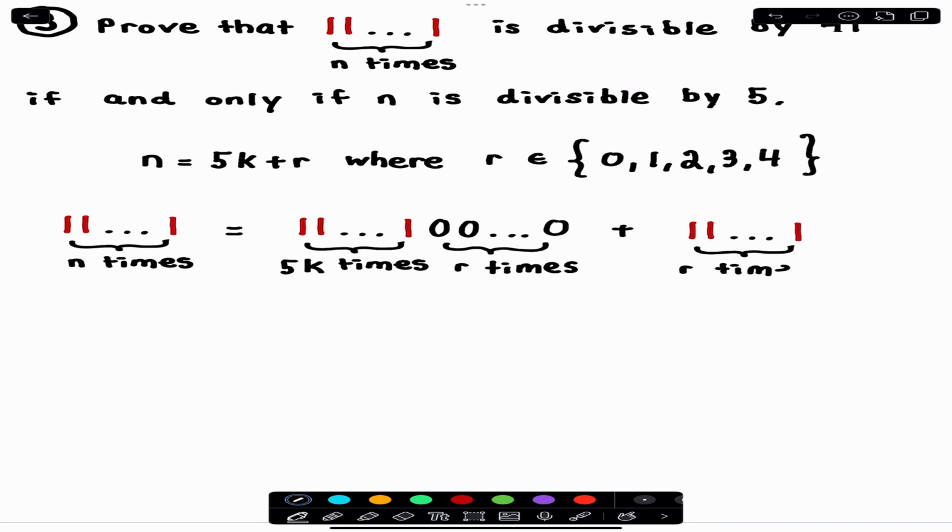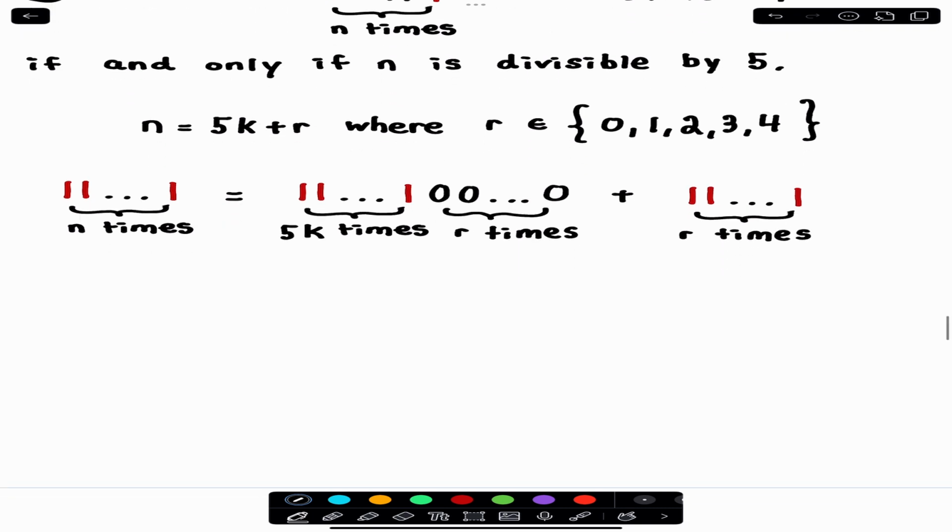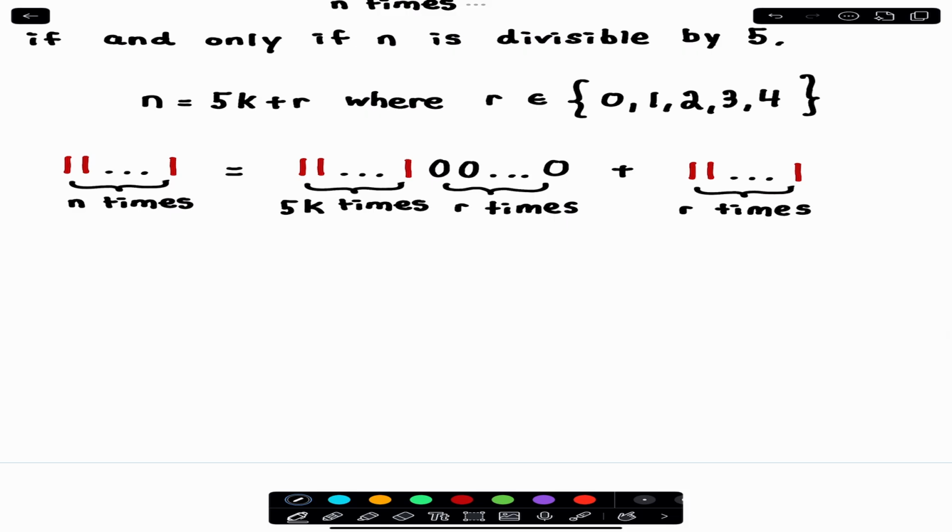So basically we've just gone ahead and split up this rep unit like we've seen many times before.